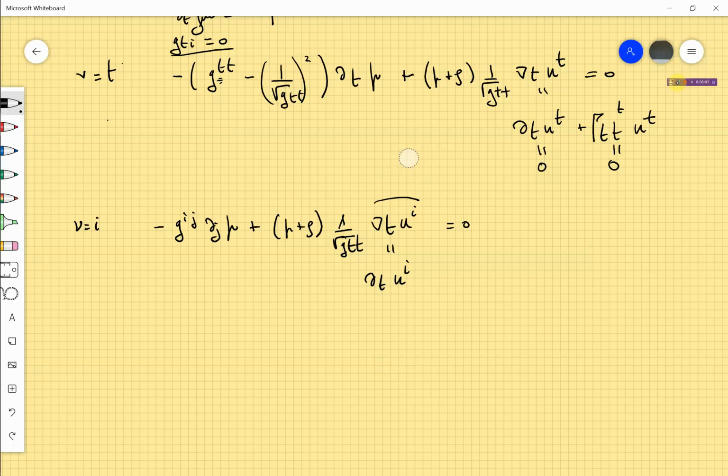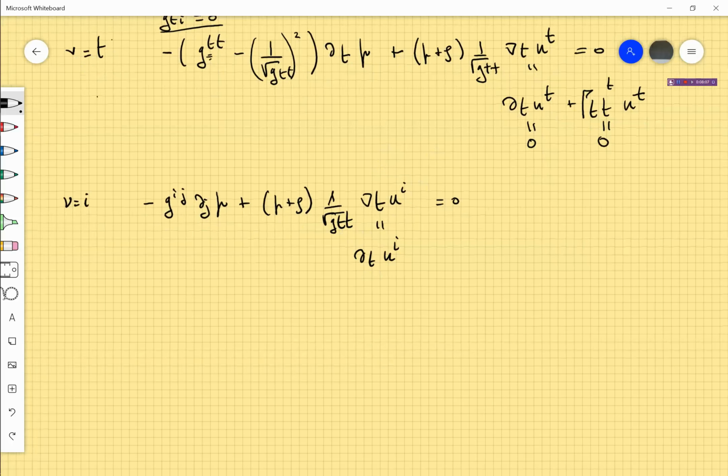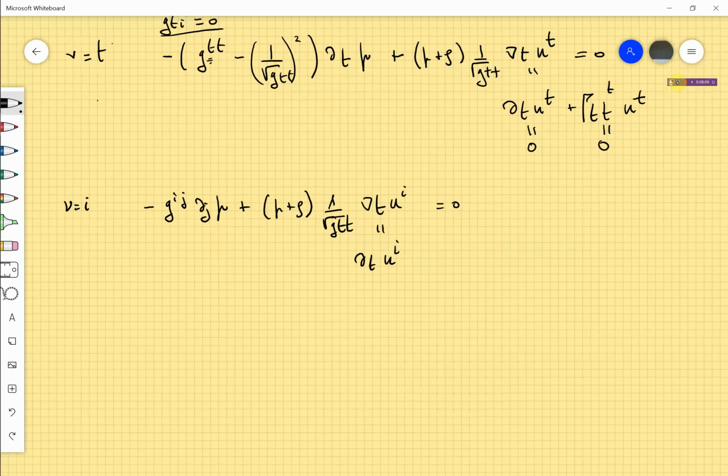Okay. The standard notation is this, but it can be confusing, especially it can lead you to this kind of errors. So this is what you get. This is certainly 0, but here this component doesn't have to be 0, and this just gives you a square root of g_tt.